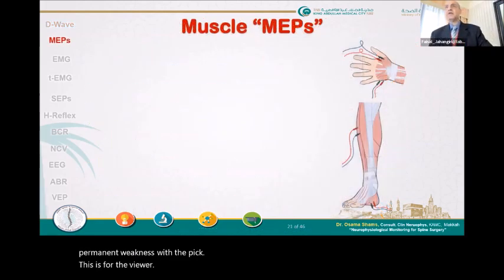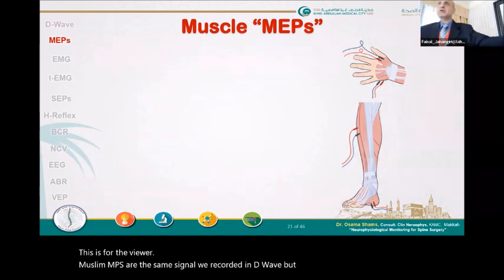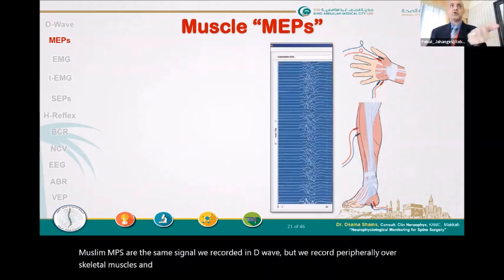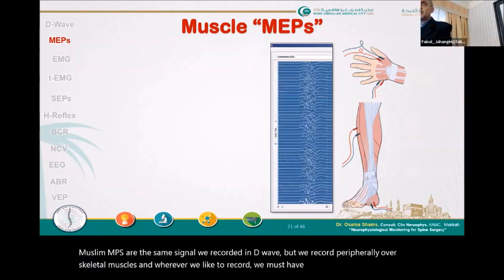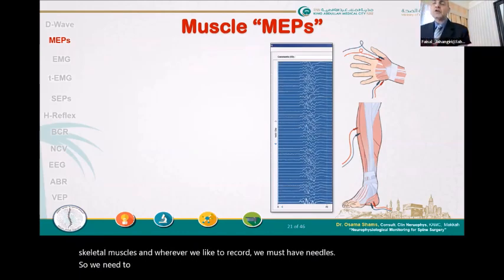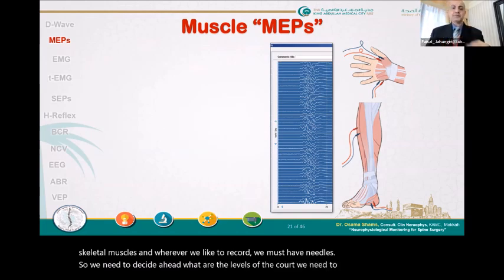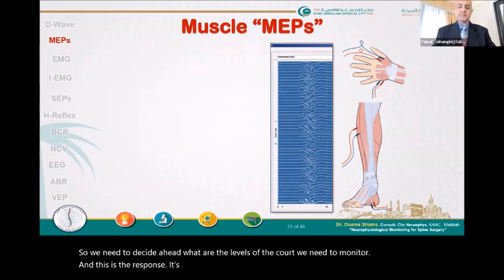Muscle MAPs are the same signal we recorded in the D-wave, but we record peripherally over skeletal muscles. Wherever we like to record, we must have needles, so we need to decide ahead what levels of the cord we need to monitor. And this is the response. It's a multiphasic response.